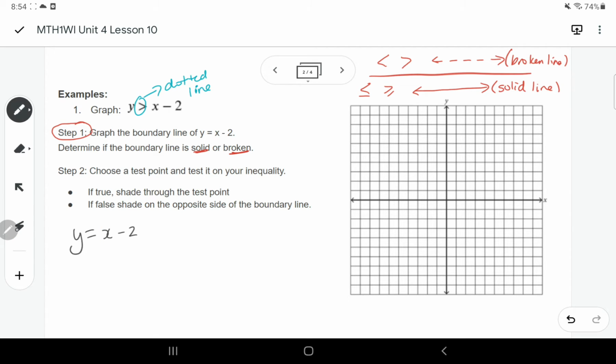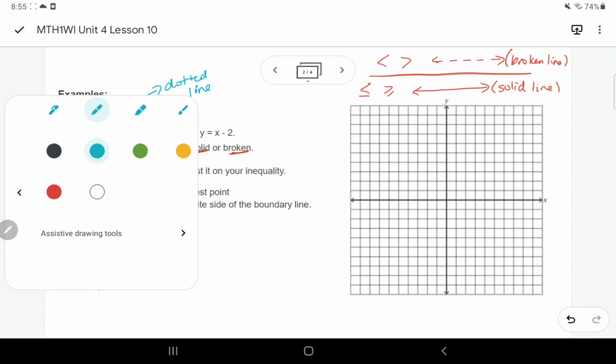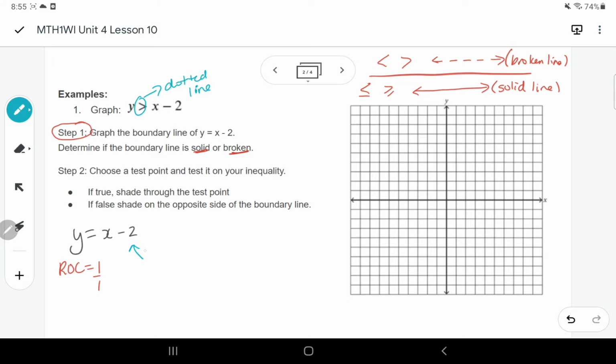And I have a rate of change or slope of 1. So I could look at this different ways. I think most people probably like the rate of change method. So when I go to graph this, I'm going to have an initial value of -2. So I'm going to count down 2 and put a dot.